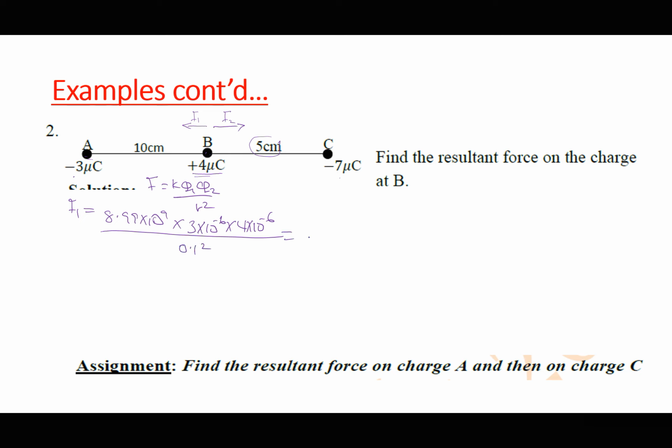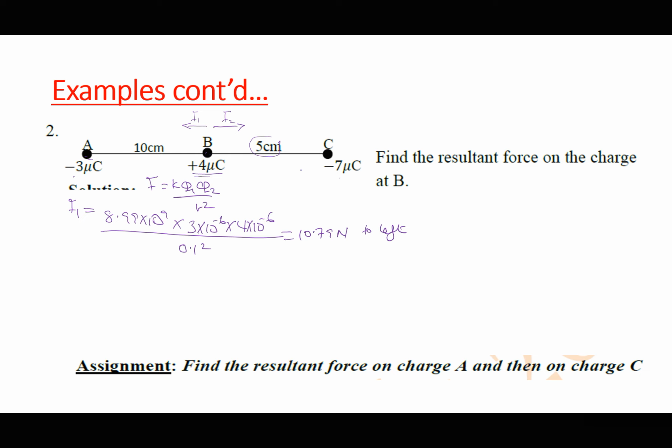This would give you, of course, we have done something similar to this, 10.79 newtons. This is attracted, so B is attracted towards A, so that will be to the left. In other words, B experiences this force to the left.